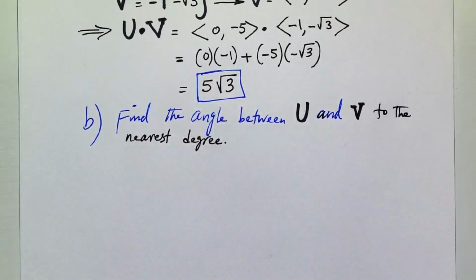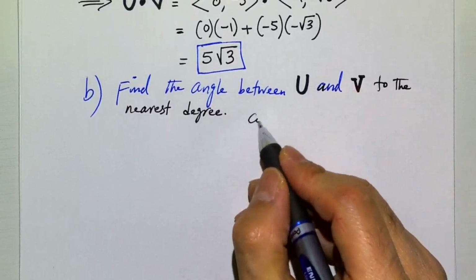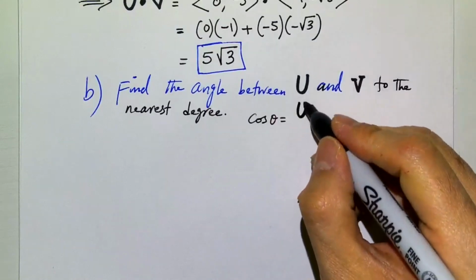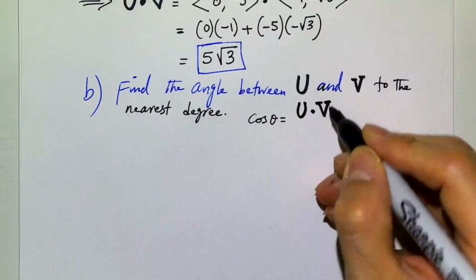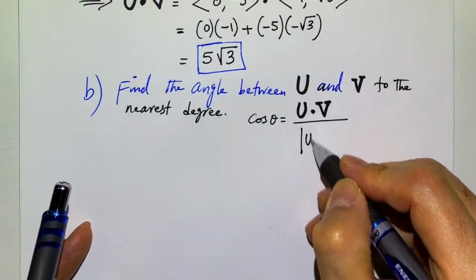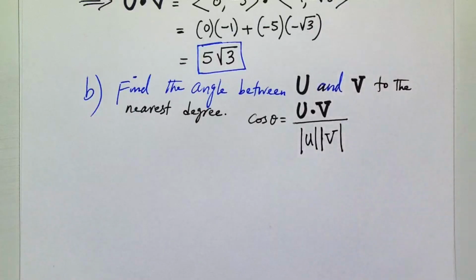Okay, like that. So the formula for this operation is cosine of theta equals the dot product of the two vectors divided by the product of their magnitudes, right? That's our formula.